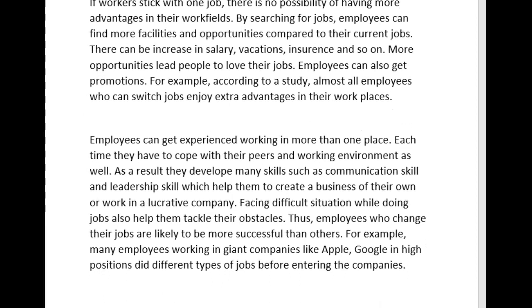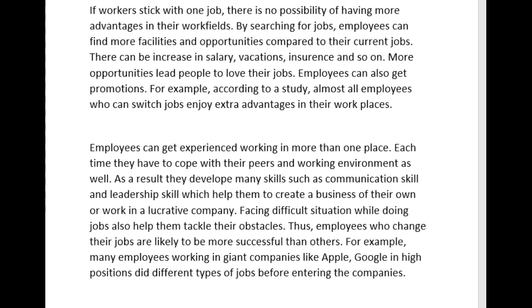If workers stick with one job, there is no possibility of having more advantages in their work fields. All right, I don't know what you mean about advantages. By searching for jobs, employees can find more facilities and opportunities compared to their current jobs. There can be an increase in salary, vacations, insurance, this is the wrong spelling, and so on.